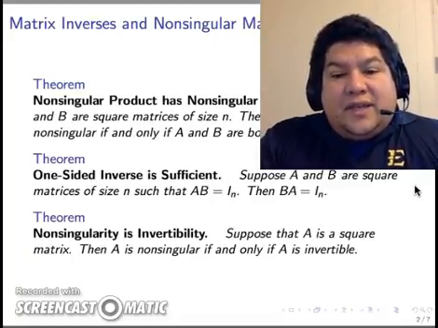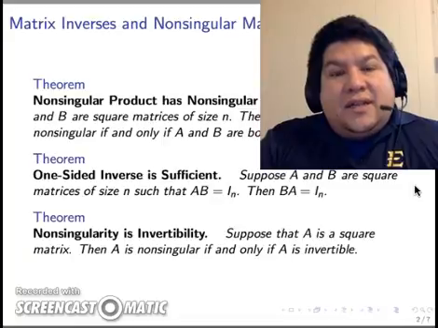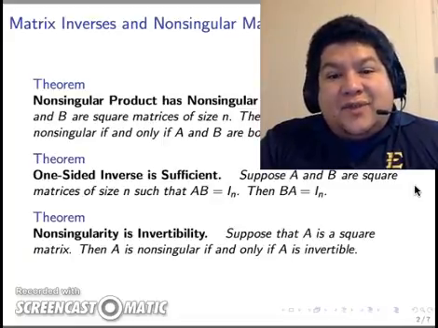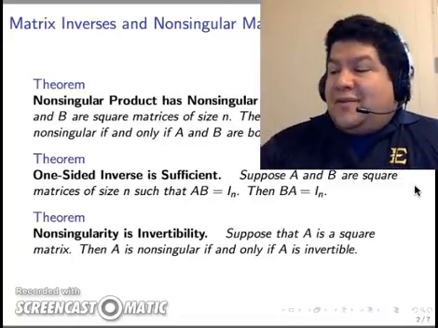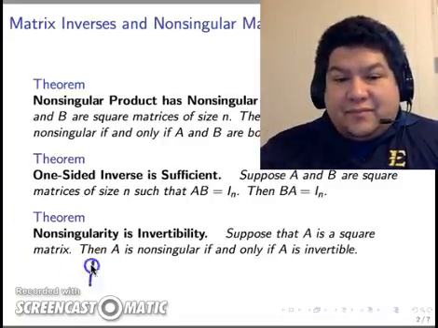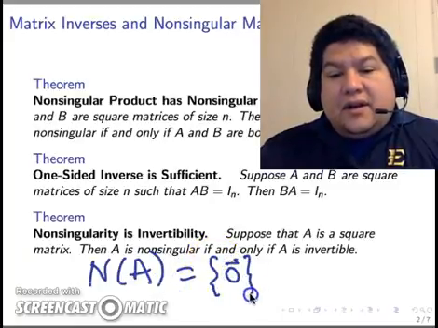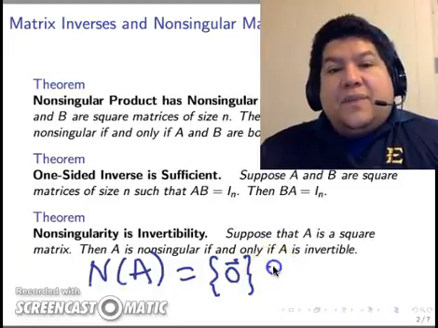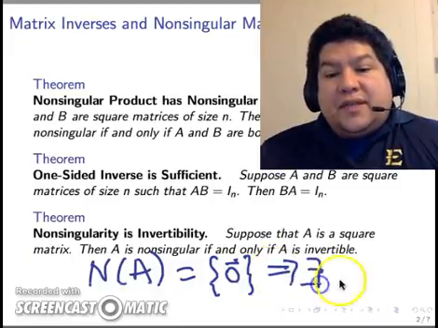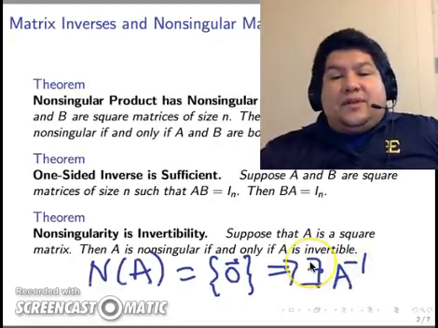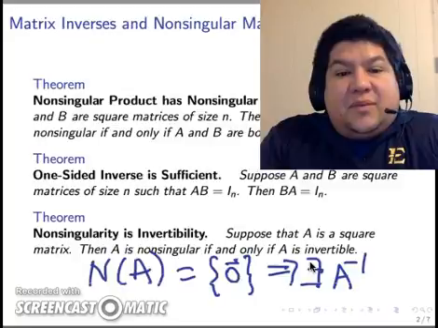So we say, suppose we have a square matrix, then that matrix is non-singular if and only if the matrix is invertible. In other words, the null space of A contains only the trivial vector, the vector of zeros, if and only if there exists the so-called A inverse, which is what we denote with these symbols.